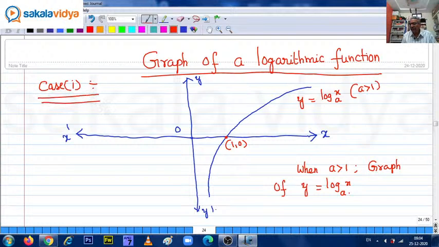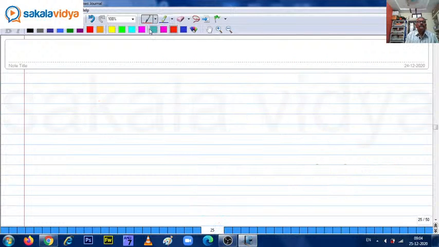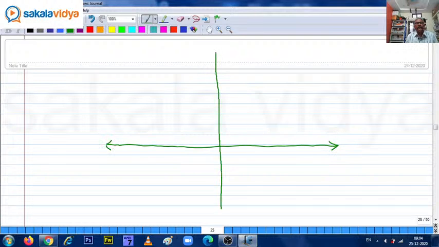Okay, next. The next graph, case 2. This is the x-axis, this is the y-axis, x dash, this is the origin, y dash.